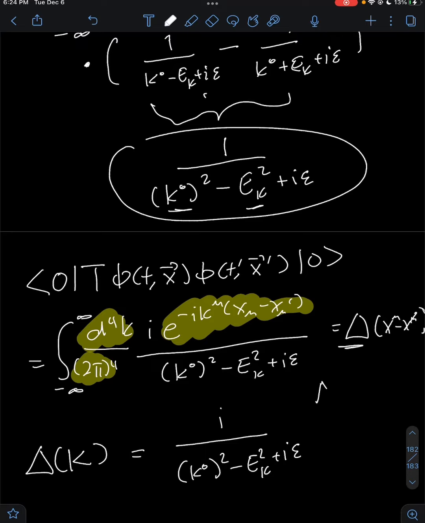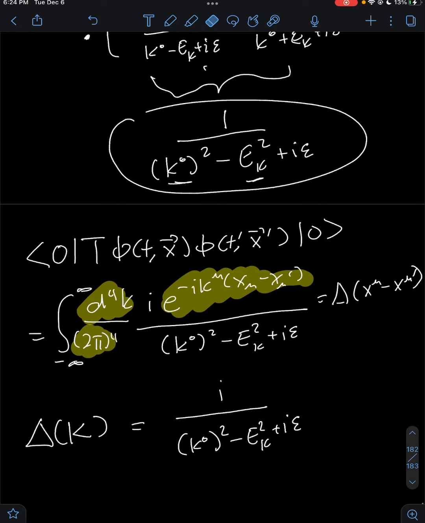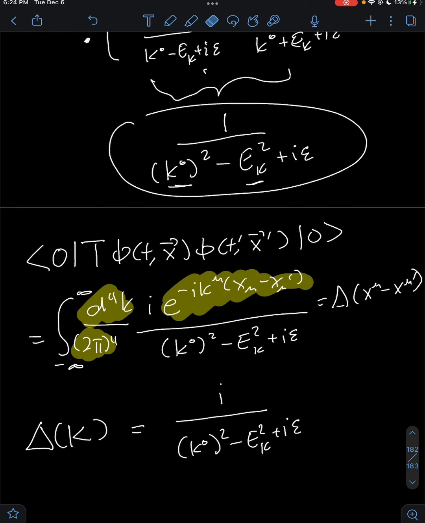You also see delta of x minus y, or df of x minus y. There's a bunch of different symbolic ways of writing out the Feynman propagator. What I've written here is delta of x mu minus x mu prime. I think it might actually have to be a downstairs mu, but I tend to forget whether it goes upstairs or downstairs.